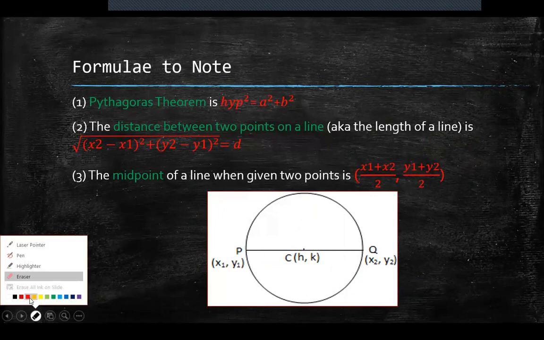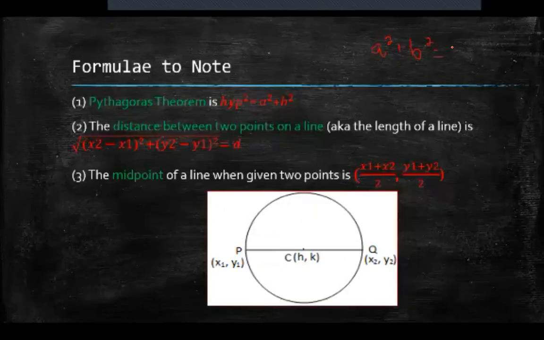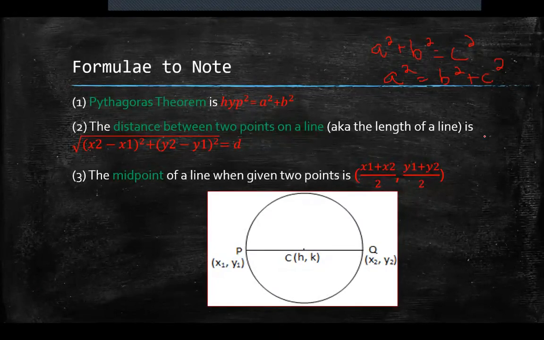That's just one way of writing it. You might see elsewhere a squared plus b squared is equal to c squared. Or you might see a squared is equal to b squared plus c squared. It all means the same thing, right? One is the hypotenuse.